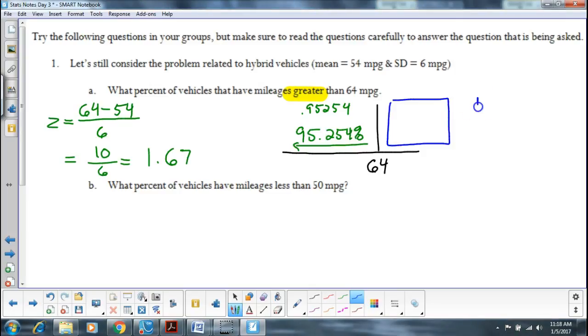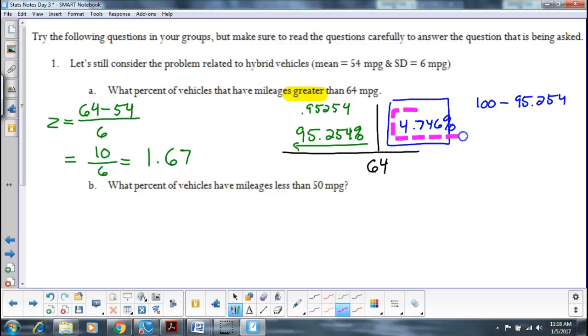So 100 minus 95.254 gets me 4.746%. Agree with that?